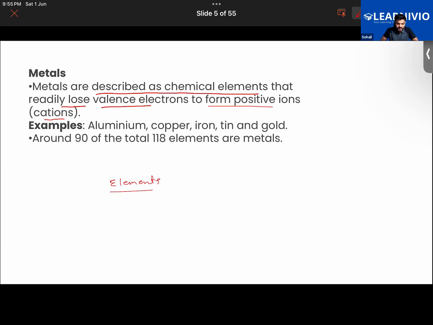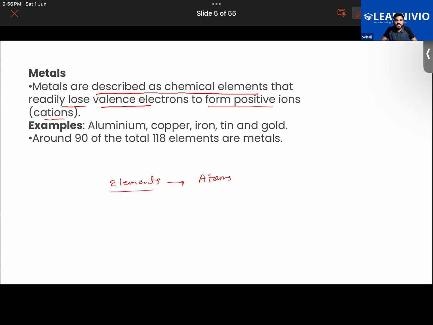What are elements made up of? Elements are made up of atoms. Earlier we believed that atoms are the smallest particle, that they are indestructible. Earlier that's what was thought.